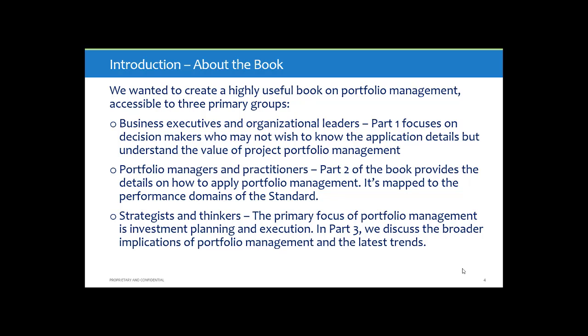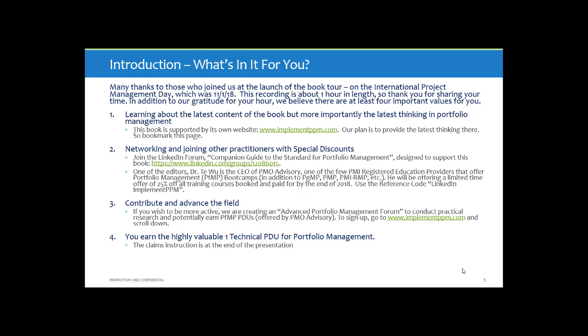This is part 3 of the book, for those who are looking to go beyond a mere understanding of the current world of portfolio management and raise the curtain a little bit and peek behind it to see what's likely to come in the future. In there, we have quite a number of discussions on strategic business execution, system thinking, complexity, cross-cultural topics, and other discussions that I think are highly useful.